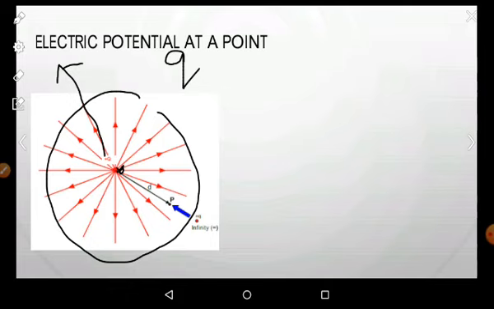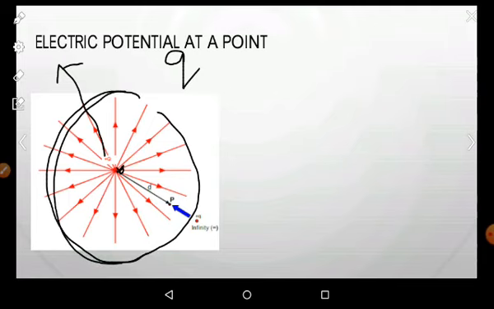Now, what is potential? Electric potential. Potential is nothing but an amount of work done. So what type of work done, and on which particle or charge is the work done? This work is done on another charge which is initially outside the field.